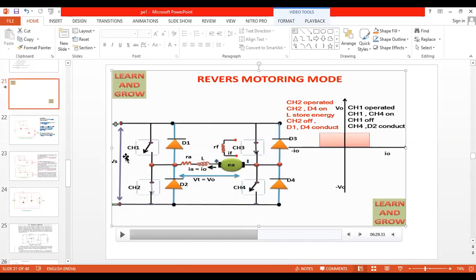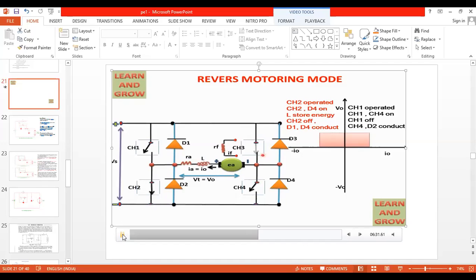What is case 3? CH3 and CH2 are on with the help of firing pulse. Direction of current flows from Vs plus to CH3 to motor to inductor to CH2, and from CH2 to V minus. You can see this animation here.